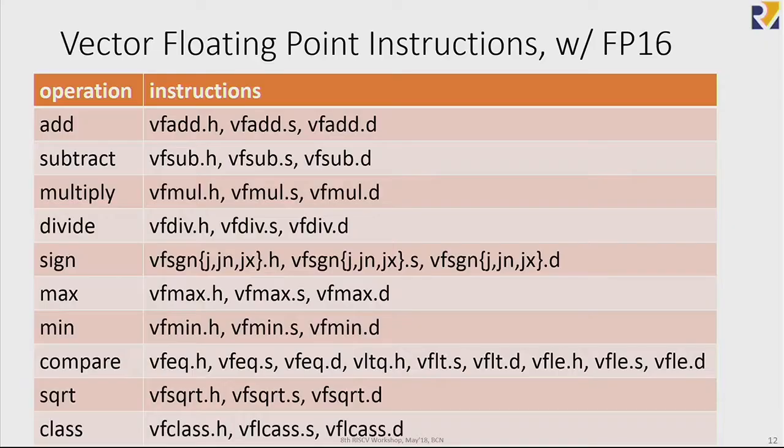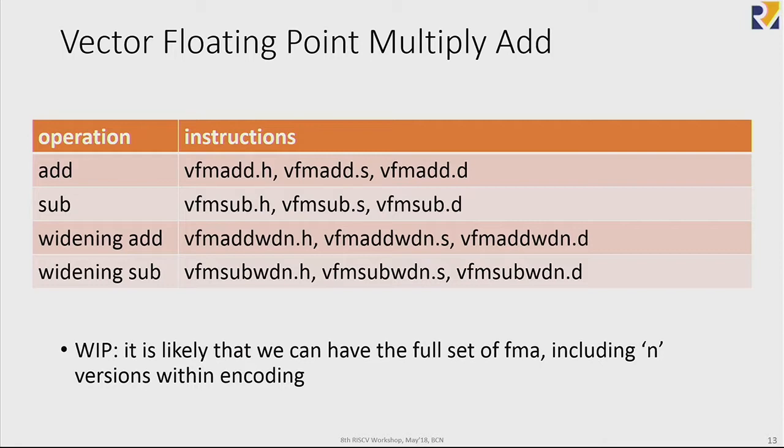So really no surprises, mean, max, sign, divide, multiply, really no surprises here. Multiply, add, first we thought we were going to have the full set of multiply adds. The slide is a little bit outdated from our very recent discussions. We first thought we had to give up on the negate versions of the mul adds.